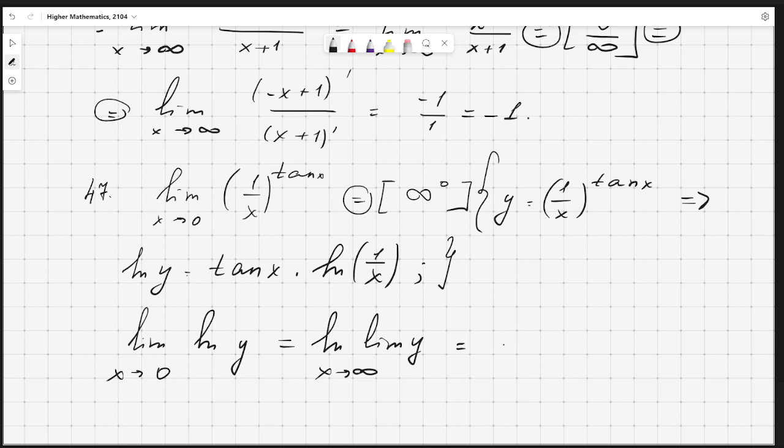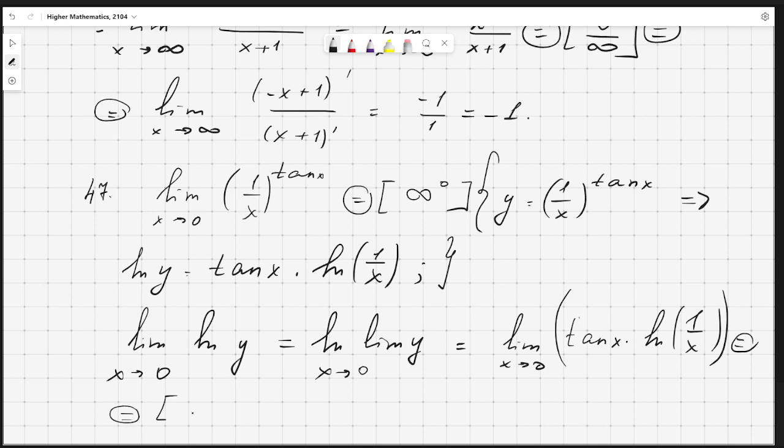We will have limit as x approaches 0, tangent of x times natural logarithm of 1 over x. 1 over 0 is infinity, natural logarithm of infinity is infinity, tangent of 0 is 0, and we have indeterminate form 0 times infinity.